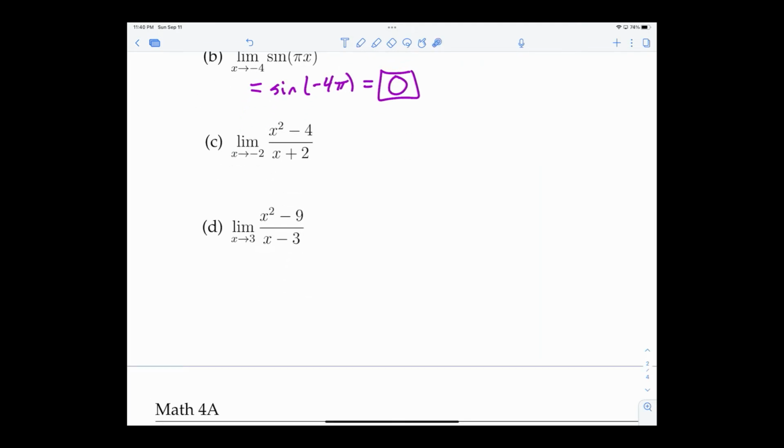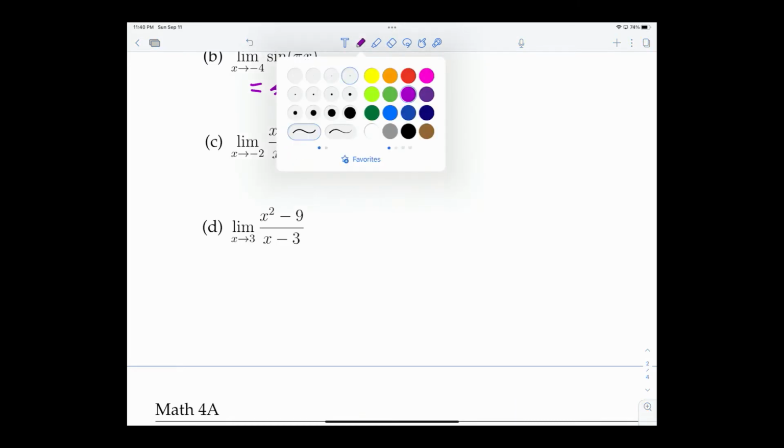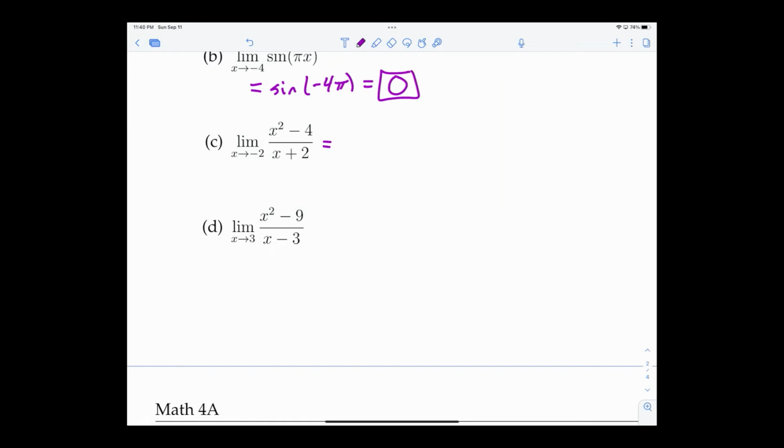Next one. The next one, there actually is a trick, right? This is the kind where you have to factor. I just kind of threw that in. So, right, there's a divide by 0 if you plug in negative 2. So, just briefly factor the numerator into x minus 2 times x plus 2, over x plus 2. I forgot to write limit.